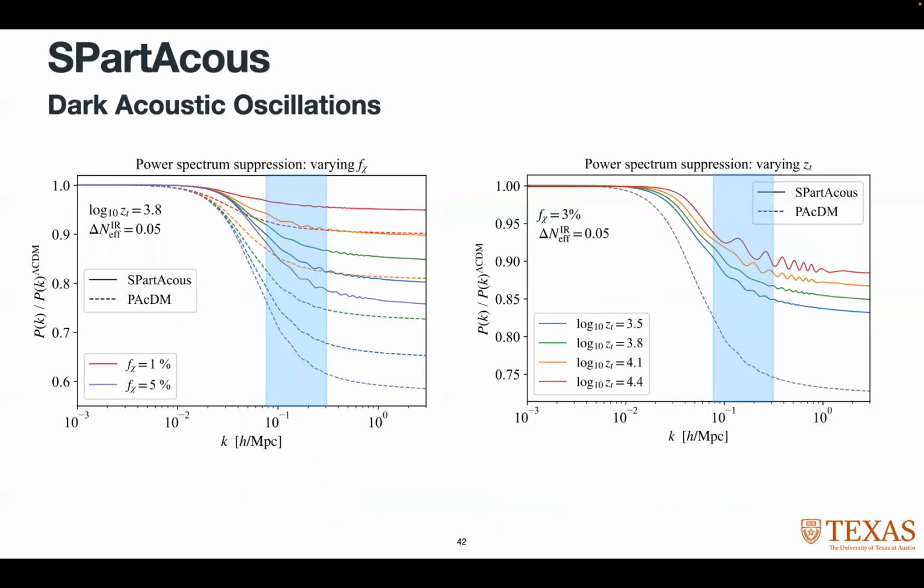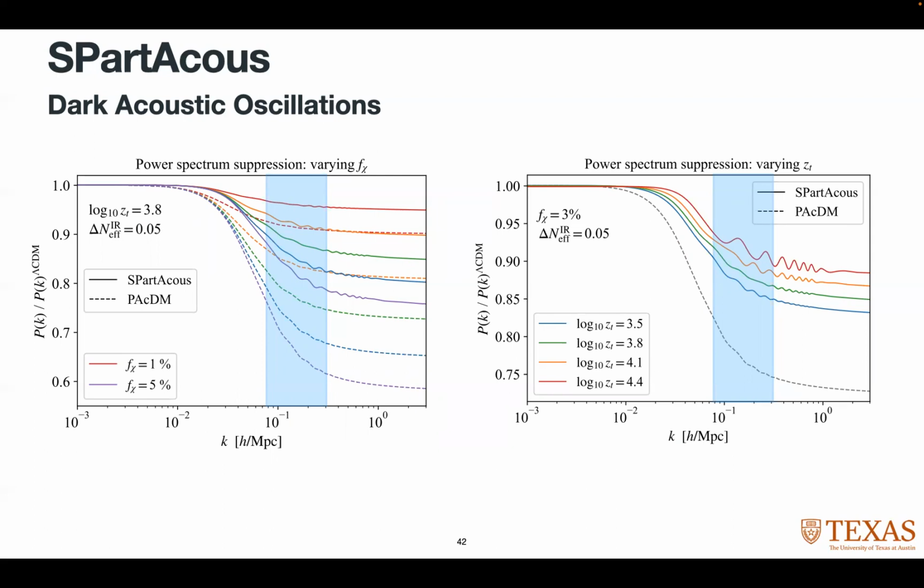Okay, and this is the actual power spectrum comparison for PAcDM and the SPartAcous scenario. Now we vary the fraction, f_chi, which is the fraction of interacting dark matter, and if we fix delta_effective it's just 0.5.